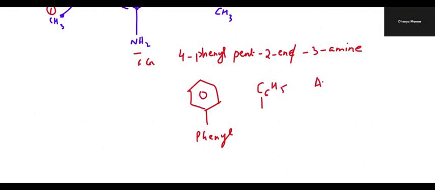Ar means aryl group. So these are the different ways to represent the phenyl group. It can be represented as phenyl or C6H5 or aryl. In any way, it can be displayed. I hope I'm clear.